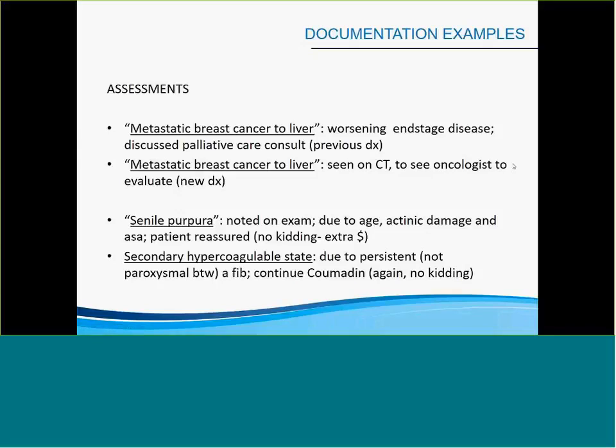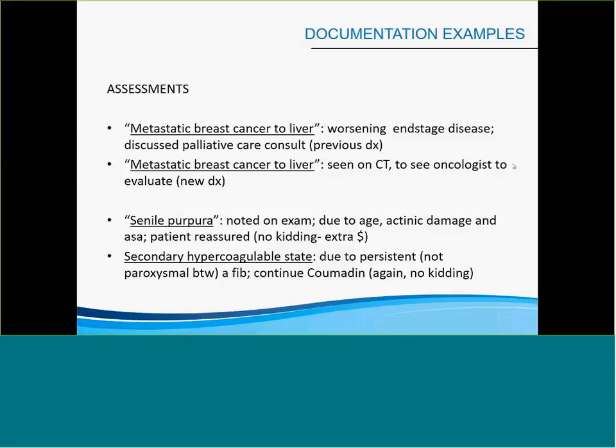Some short documentation examples. Metastatic breast cancer to liver, worsening end-stage disease, discuss palliative care. That's a previous diagnosis. But if you just take the diagnosis of metastatic breast cancer to liver, seen on CT, plan the oncologist to evaluate.